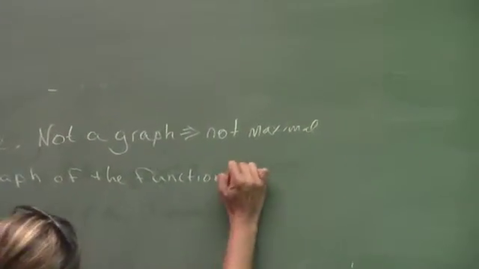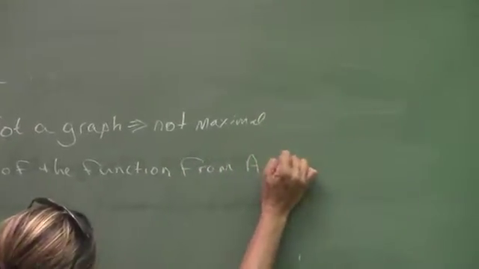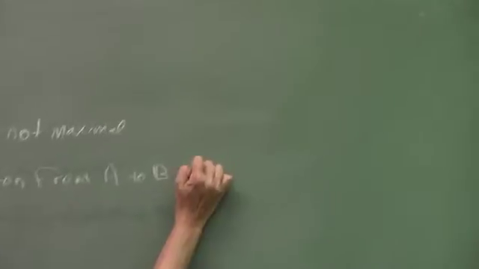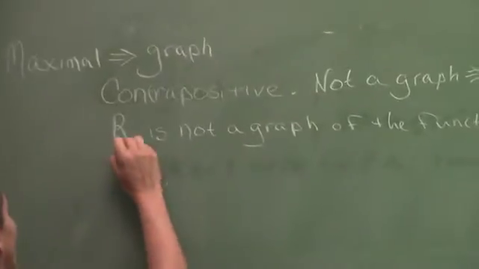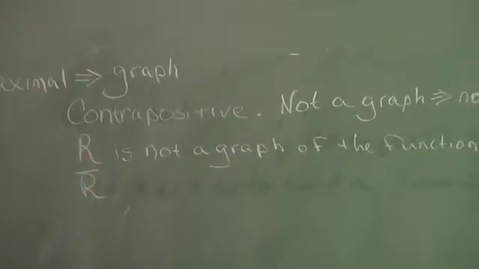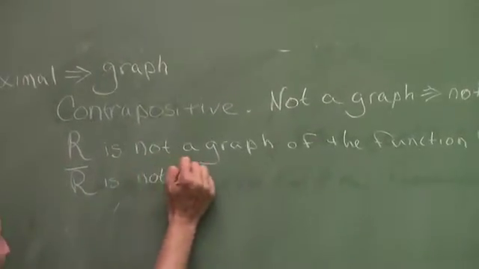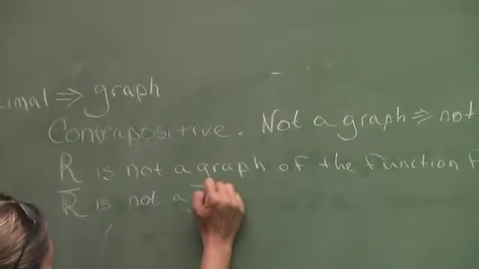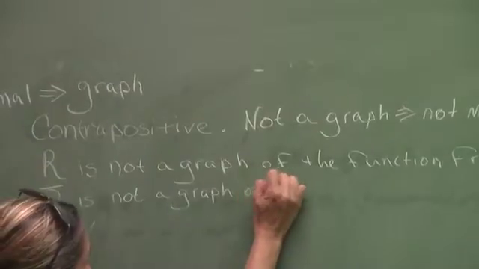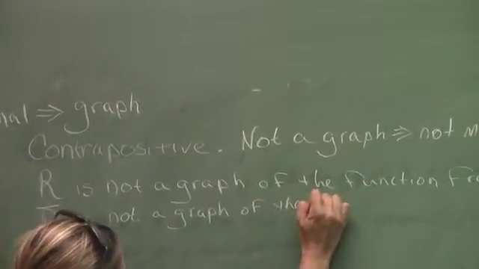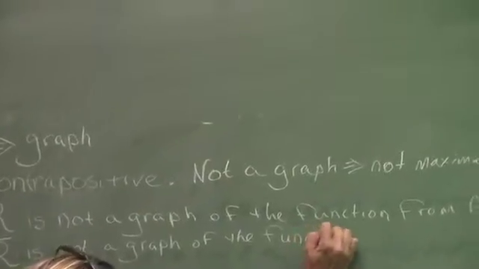And R bar is not the graph of a function from B to A. So does that mean that it's still a relation, but it's just not well defined?